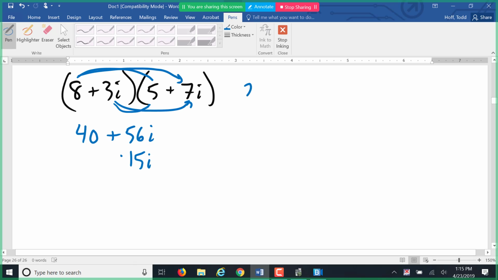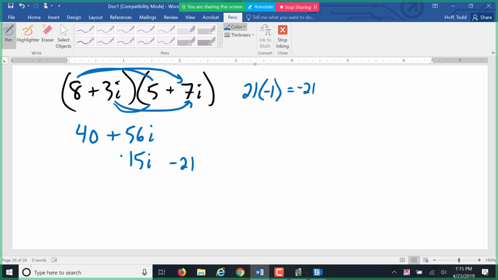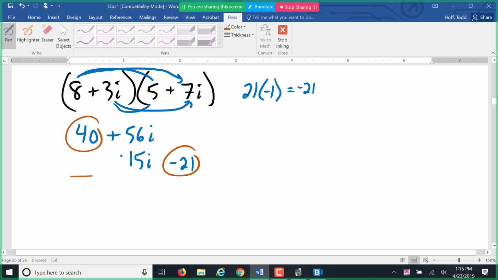Well, 3 times 7 is 21. i times i is negative 1, so it's negative 21. So when we go to combine here, we've got 40 and negative 21 make 19. 56i and 15i make 71i.